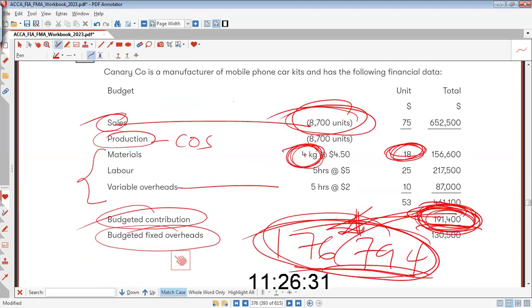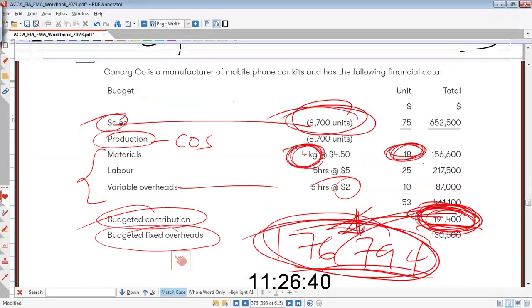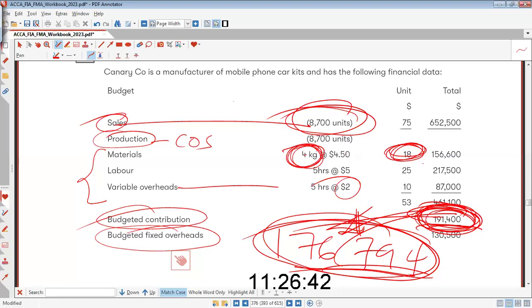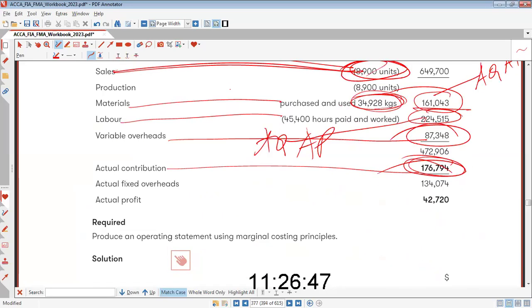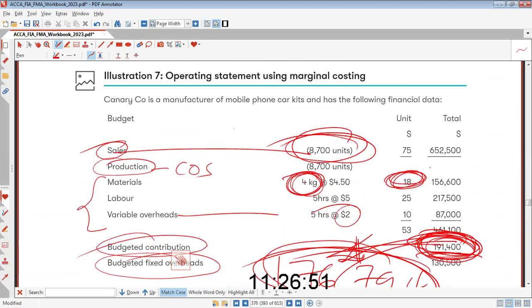Variable overheads are consumed at a rate of $2. $2 times what? Actual hours worked, I believe, right? $2 for actual hours worked.